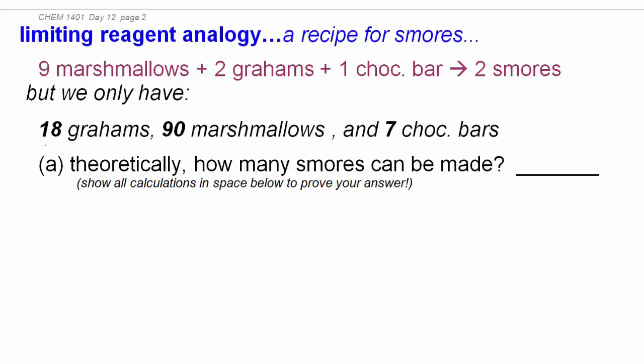So what we're going to have to do is figure out how many s'mores you can make with the 18 graham crackers, the 90 marshmallows, and the 7 chocolate bars. See how many s'mores you can make with each of those, and then just pick your smallest answer, right? So if we start with the 18 graham crackers, we want to get to s'mores.